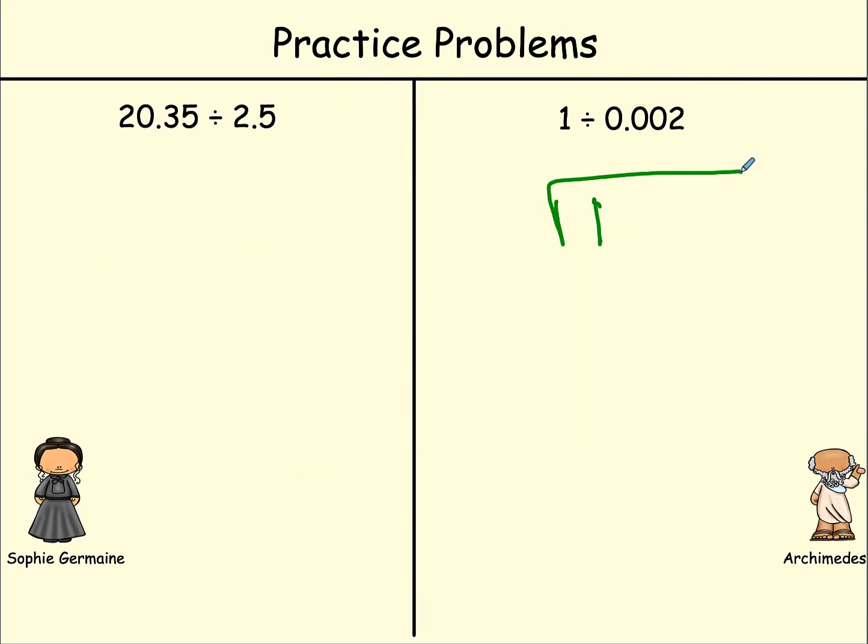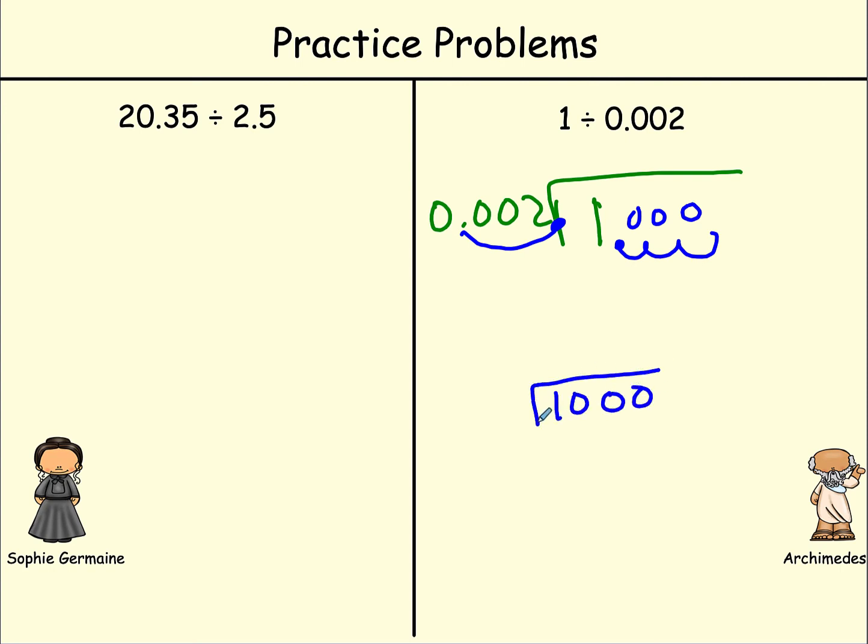So we got 1 divided by 2 thousandths, but then we need to go ahead and multiply by 1,000 to get the decimal point to the right of the 2, or move it 3 times to the right. So now the 1's decimal point is to its right. So we're going to multiply it by 1,000, or multiply it by 10 3 times. 1, 2, 3. So our problem ends up being 1,000 divided by 2.